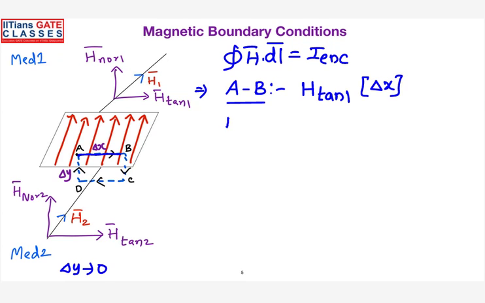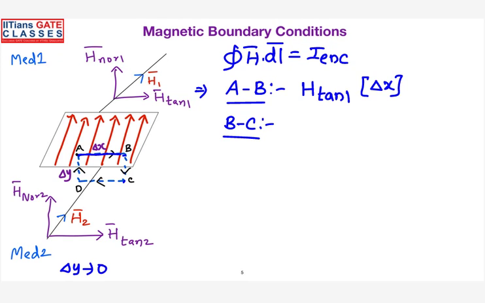Similarly, can you tell me what is the line integral from B to C? Zero. What is the reason? Delta y tends to 0. Okay, forget about it. Suppose delta y is not equal to 0 and it is very large, that means I have considered a bigger loop where the distance from B to C is quite large.